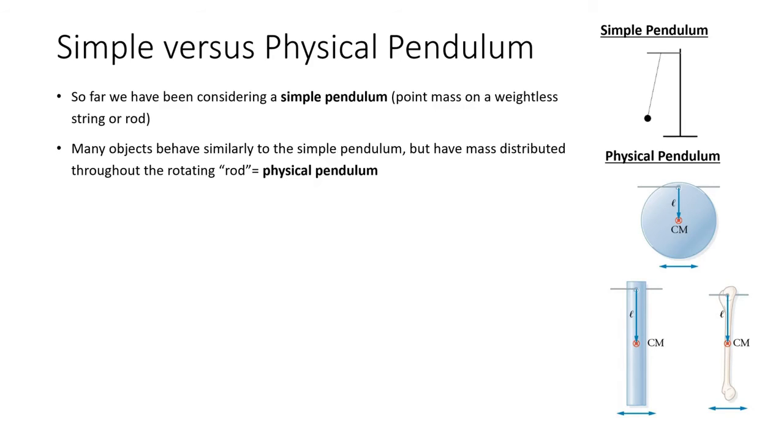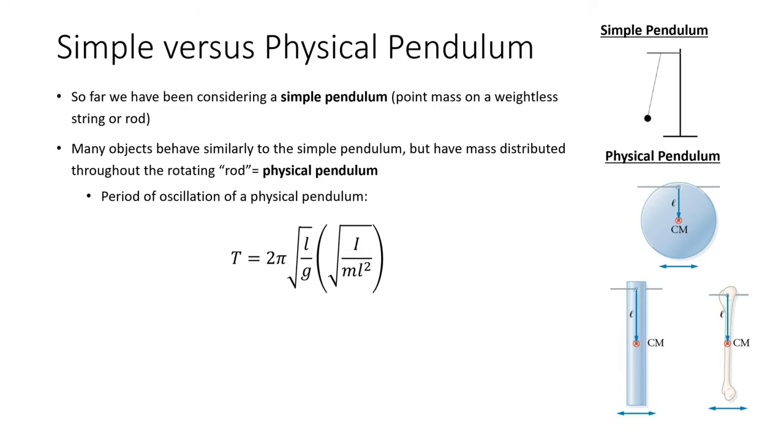So there are a few examples of physical pendula over here on the right-hand side. Here we have a disc that can oscillate back and forth on some line that's sent through the center of the disc towards the top of the disc. We could also have a rod that oscillates back and forth, or we can also think about bones as oscillating physical pendula.